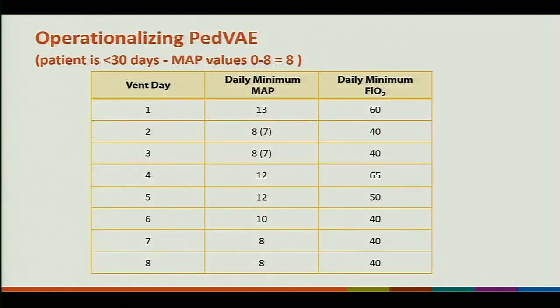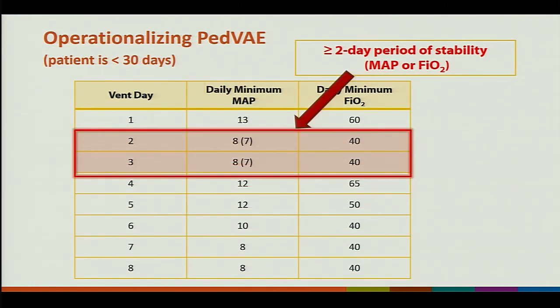So let's look at an example. Again, we have to specify the age. So in this case, the patient is less than 30 days. So MAP values of 0 to 8 are equal to 8. When we're looking for a baseline period, we see that we have a baseline established in both the daily minimum MAP parameter and the daily minimum FiO2 parameter.